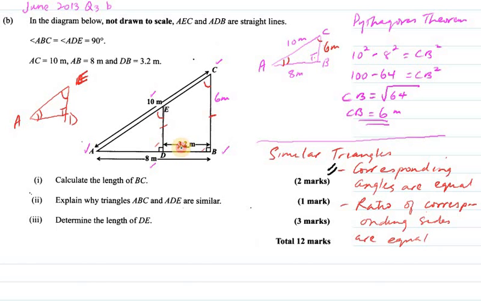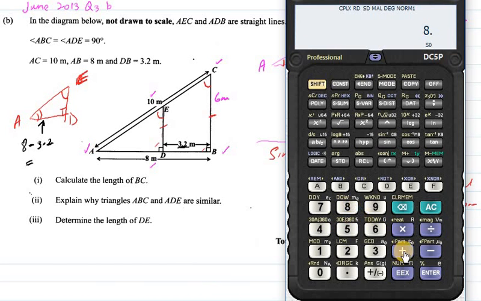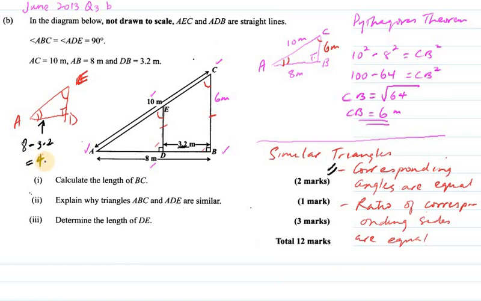If this portion here is 3.2 and this whole length here is 8, then this portion AD is 8 minus 3.2, which is 4.8. So this portion here is 4.8 meters.